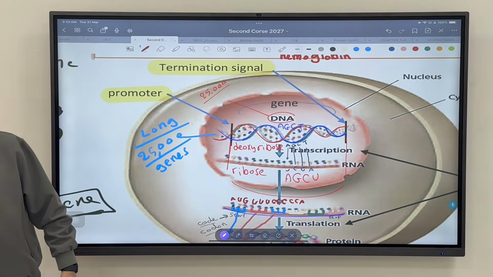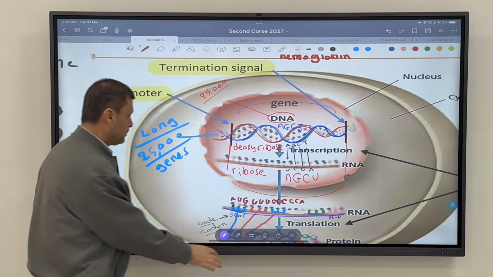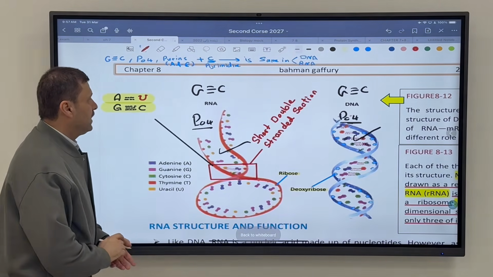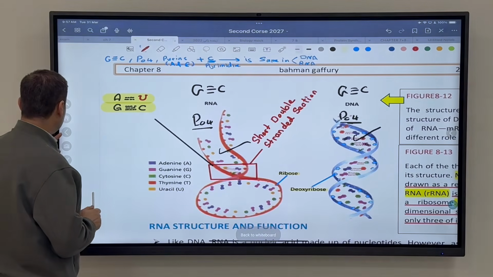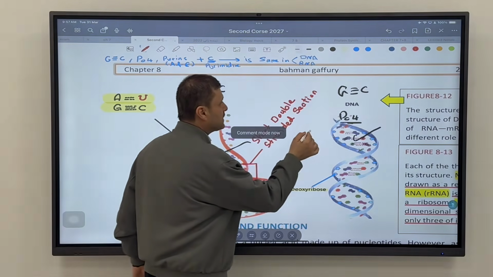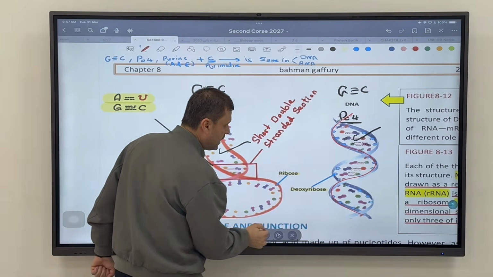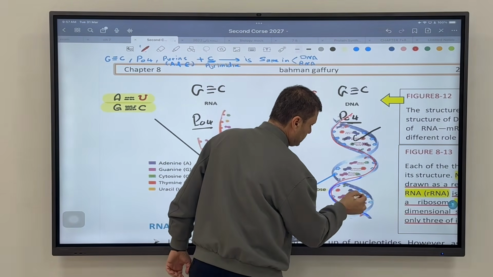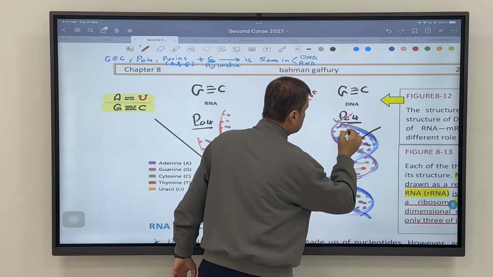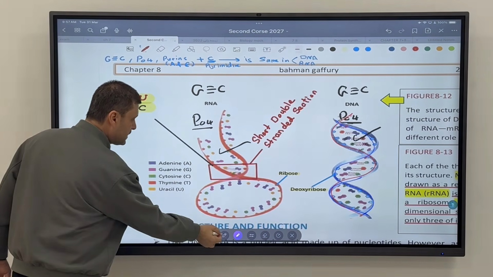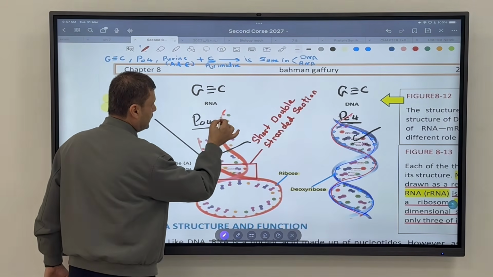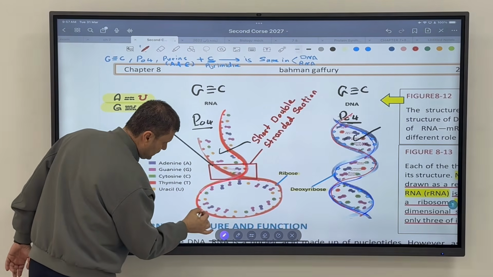Also, if you look at the figure on the next page, you see the difference is very clear. First, DNA is a double-stranded nucleic acid. But RNA is only a single-stranded nucleic acid.